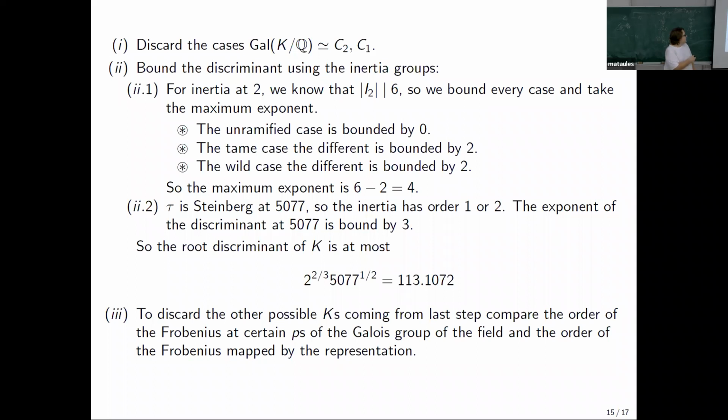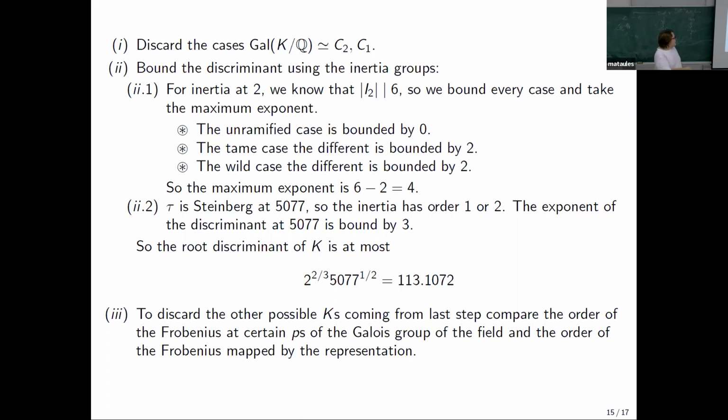Then you have to actually find the extensions K over Q, and this is lengthy. One way to do this is to somehow bound the discriminant, or find a bound on the extensions you can have, and then you find all of the possible fields, which is what I'm doing in this step 2, bounding all the possible fields I can have.